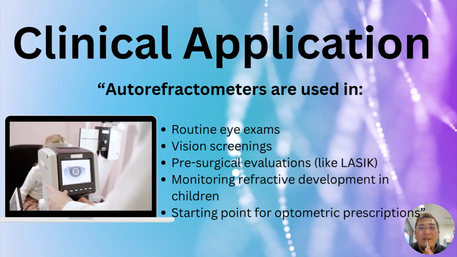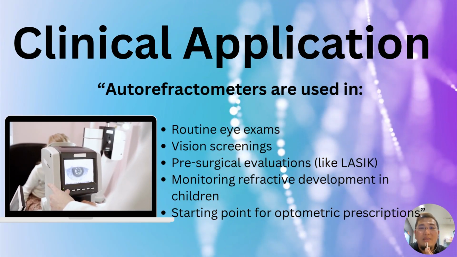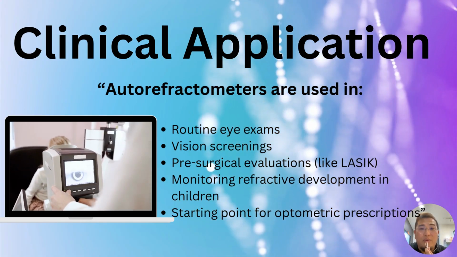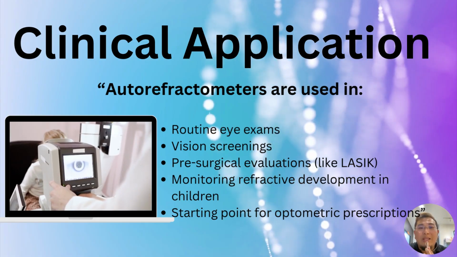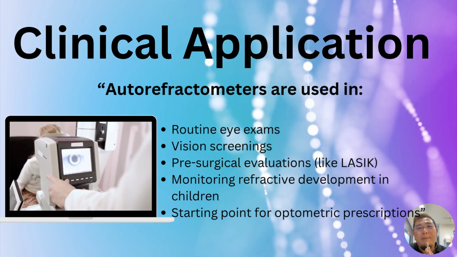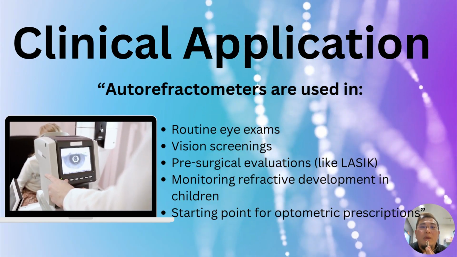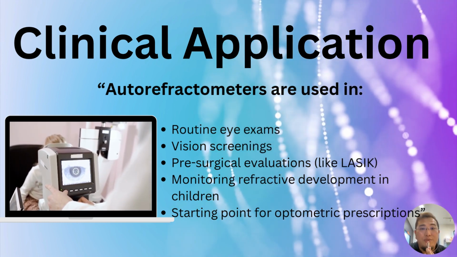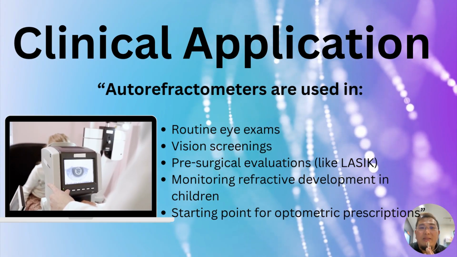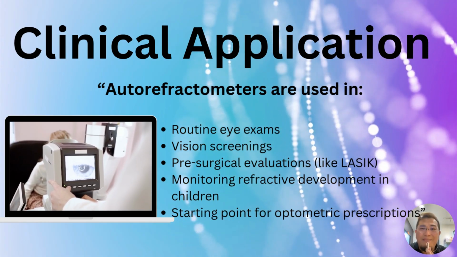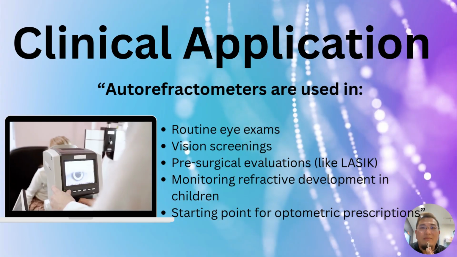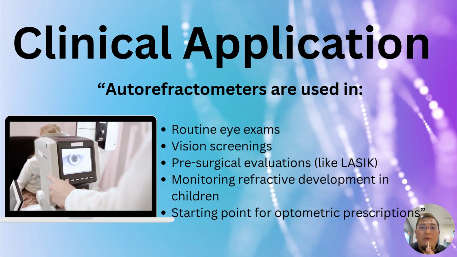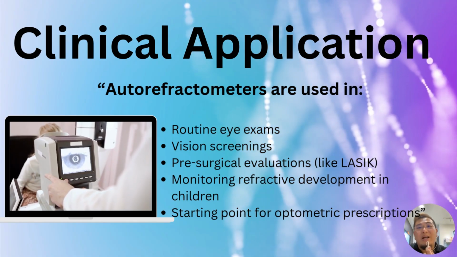In surgical practice, the autorefractometer assists in pre-surgical evaluations, such as for LASIK or cataract surgery, to determine accurate baseline data. Moreover, they are useful in monitoring the refractive development of children, allowing early detection of conditions like myopia.